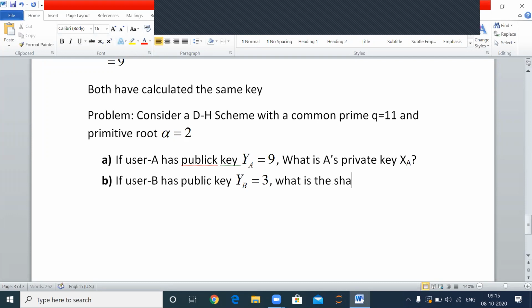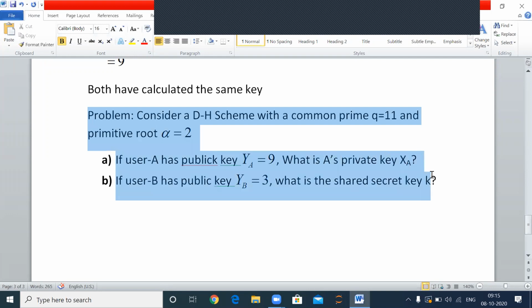That is, the shared secret key is K, right? Like that they may ask the question.